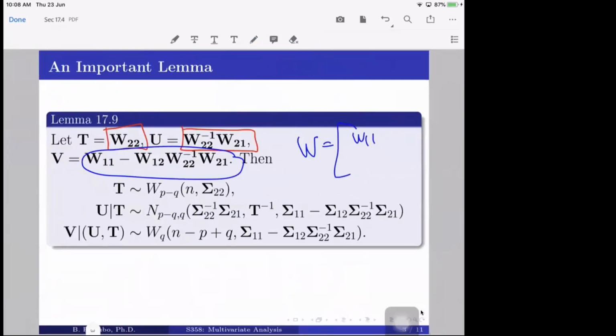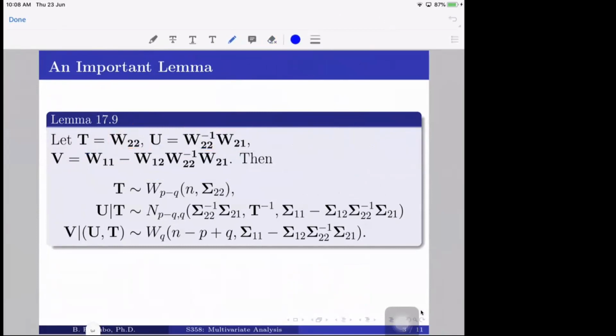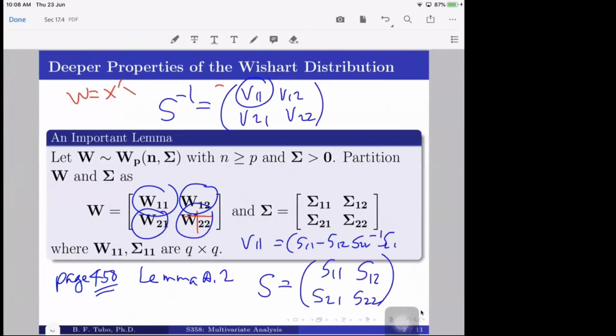So, looking at this form, W11 minus W12 W22 inverse W21, you know that V there will be the component of your W inverse.